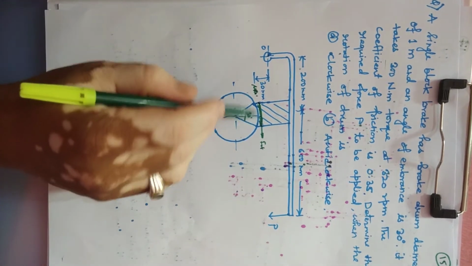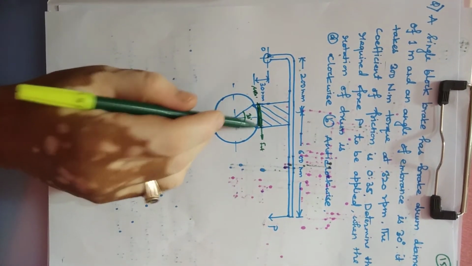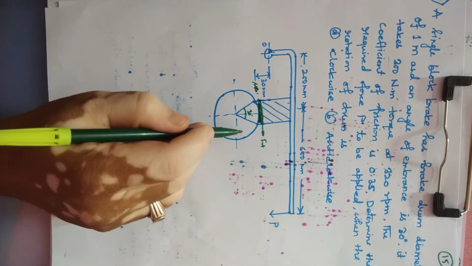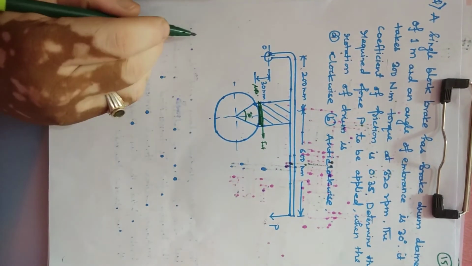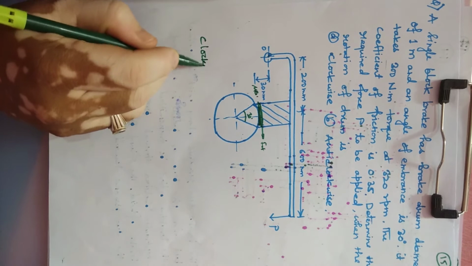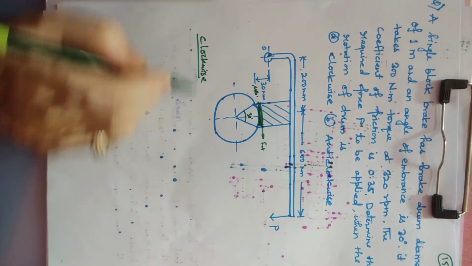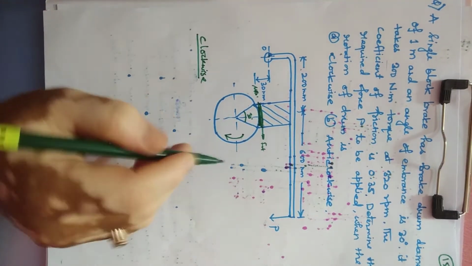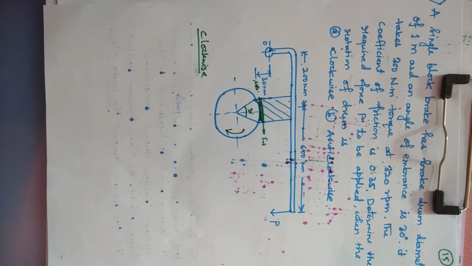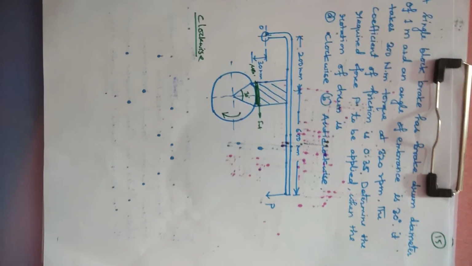Okay, so this is the case. Now in the first case, for clockwise rotation, when it rotates in this direction, that is clockwise rotation of the drum.